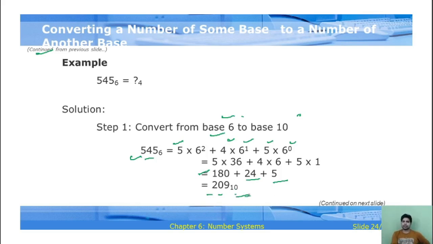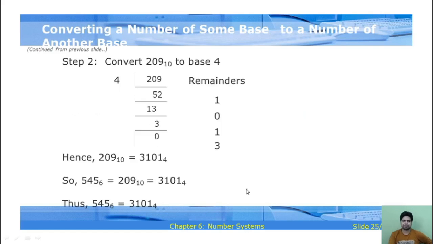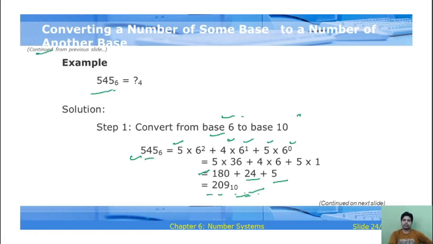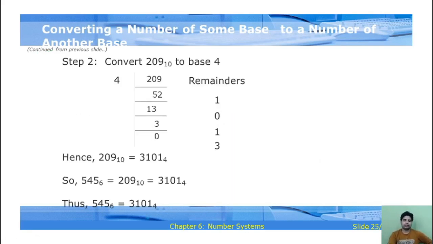Now we have not yet reached base 4; we have only reached decimal. From any base we can convert to the decimal number, so from base 6 the conversion gives base 10. Now in this slide we will convert from decimal to base 4.